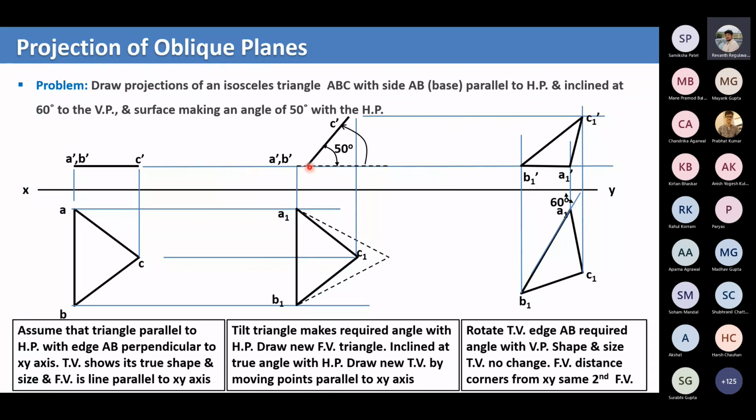It's just that making the diagram is wrong, that's all. It starts from here only. Don't worry, you are right. It starts from here only, this 50 degrees is maintained, and it goes like this.